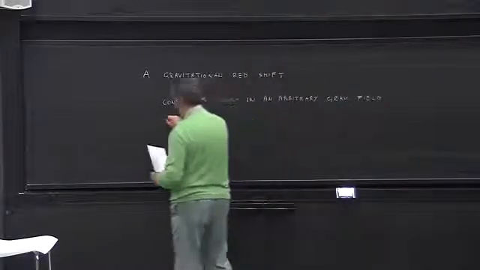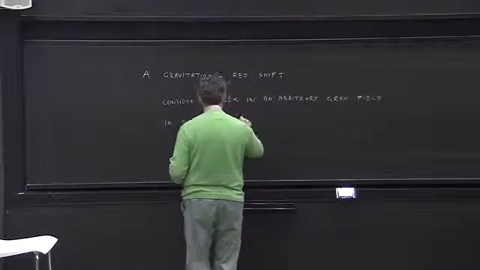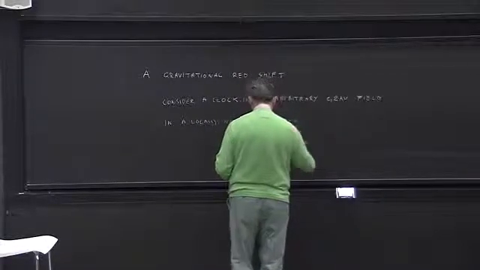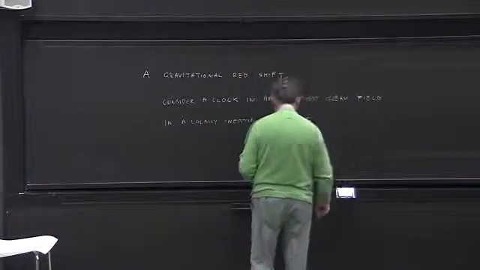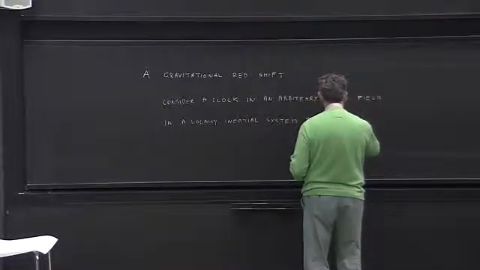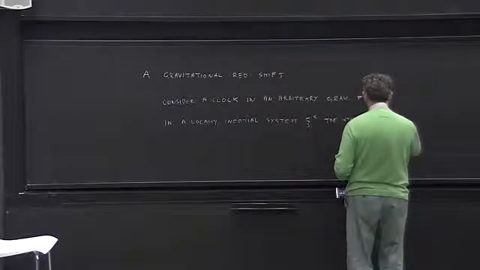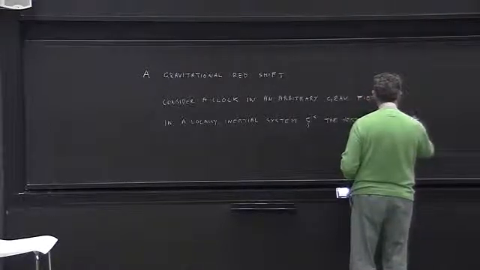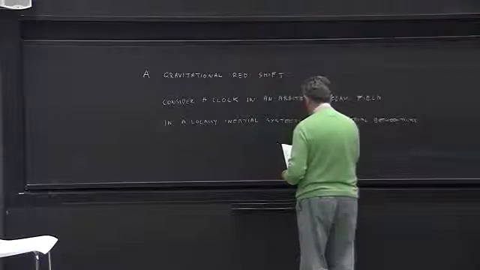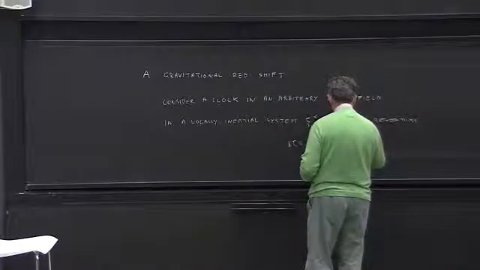In a locally inertial system, with coordinates psi alpha, the interval between ticks is d tau equals minus eta alpha beta d psi alpha d psi beta to the half.